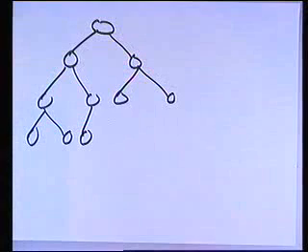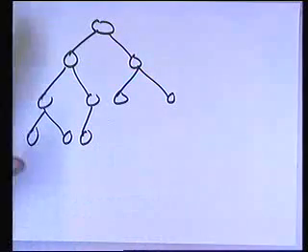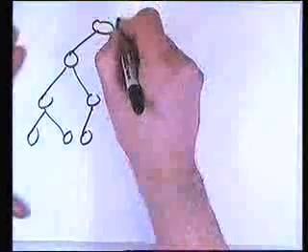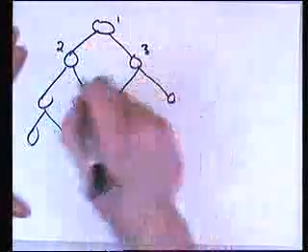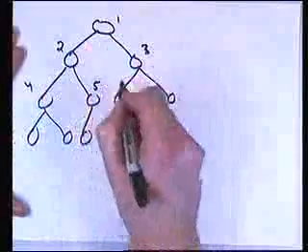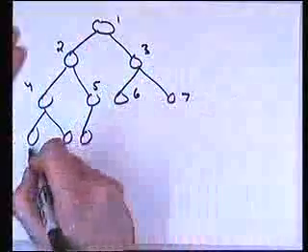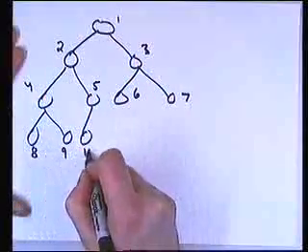It's the only possible complete tree of 10 nodes, because if you have 7 nodes, you have those 7 here, and then 8, 9, and 10 get added there. Now, let's number these nodes in the order in which we want to add them. That's the first node, that's the second, that's the third, 4th, 5th, 6th, 7th, 8th, 9th, and 10th.